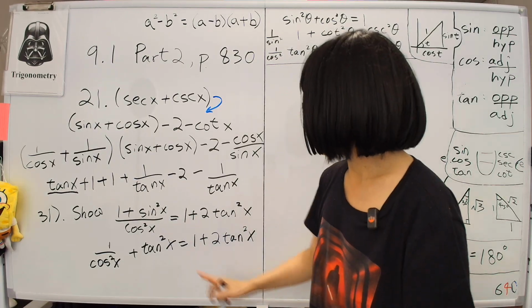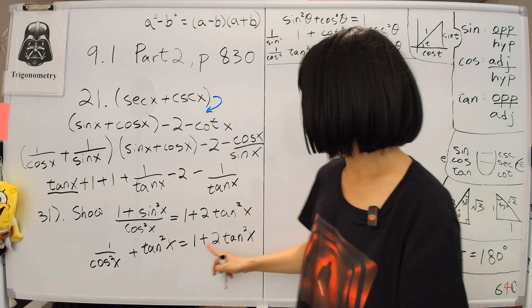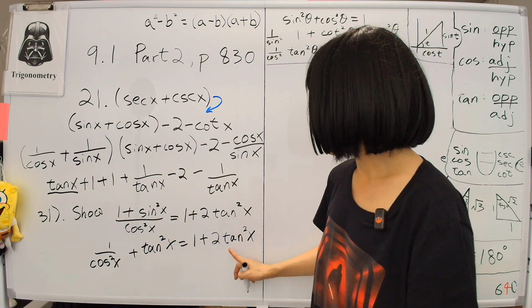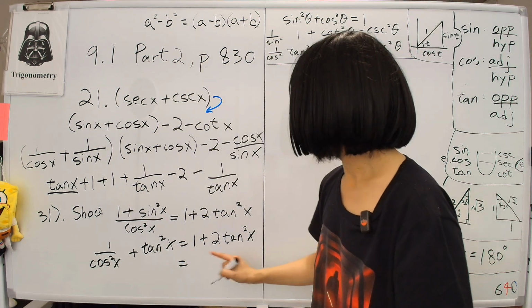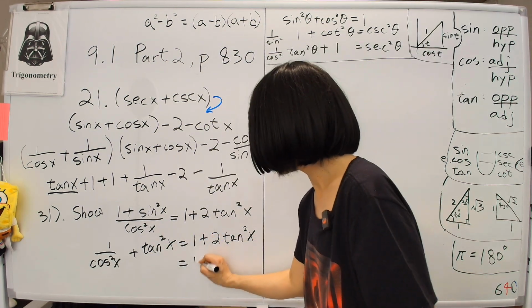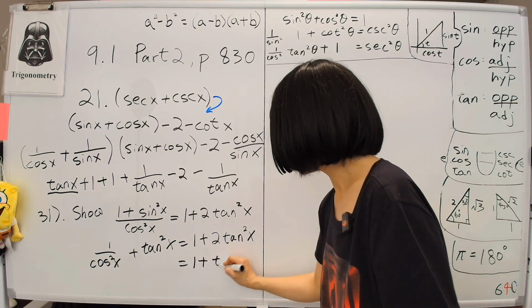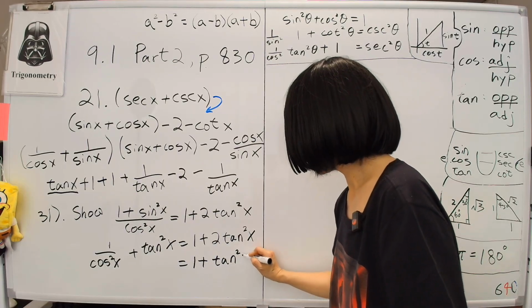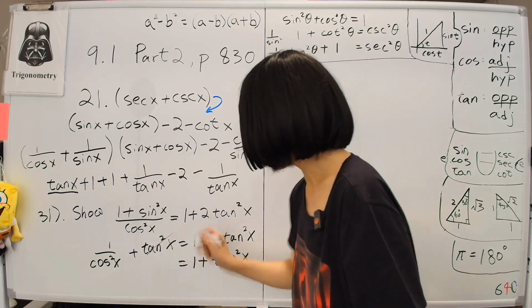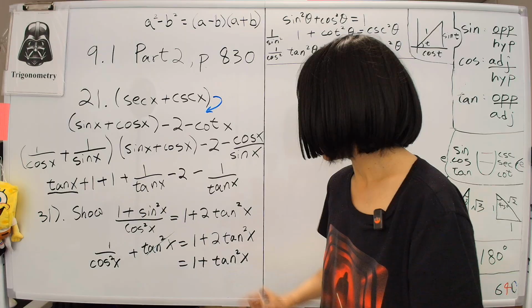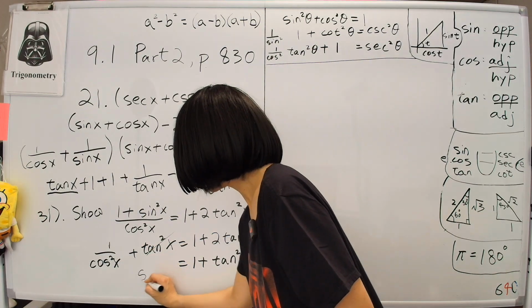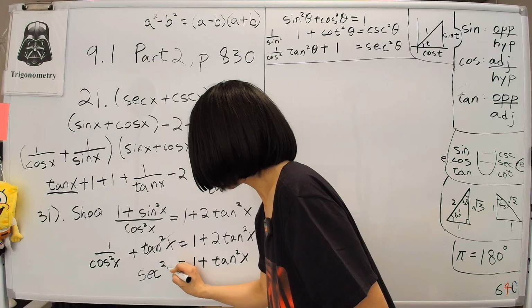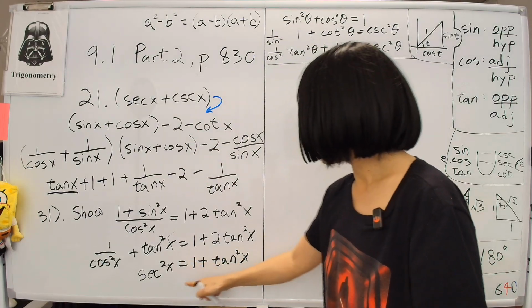At this point, you notice there's a tangent squared x here and a tangent squared x there, and we can cancel that out, so this one's gone. We have only one left here, 1 plus tangent squared x. And the 1 over cosine squared, we can write as secant squared x. Now, is this statement true?